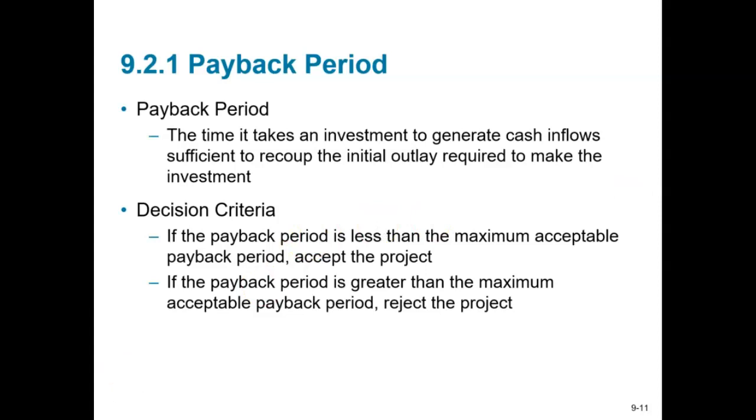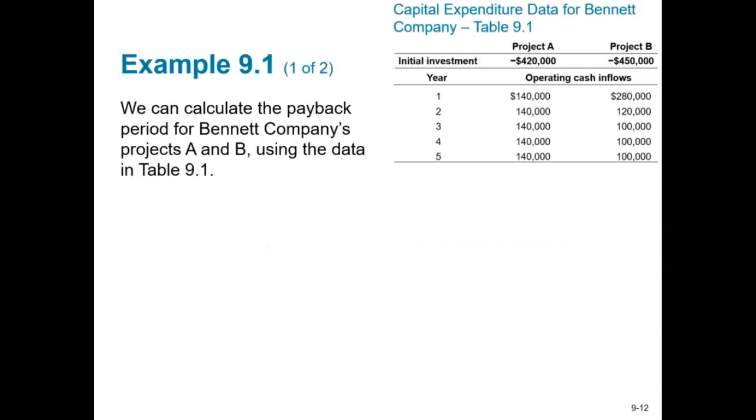So let's do this now. You have the project A and project B cash flows given to you, so we can calculate the payback period using this data. As we said, for project A the cash flows are repeating, so project A is an annuity.